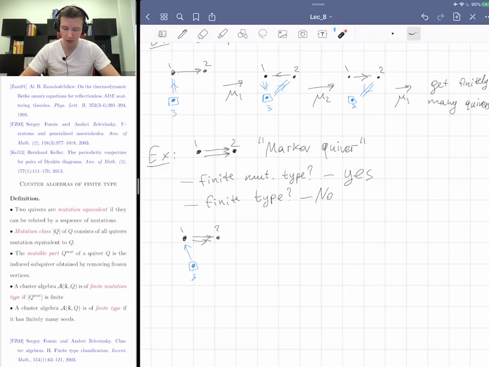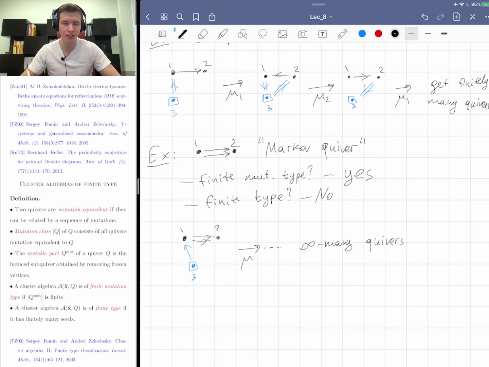And if you mutate again, you're going to get 4 arrows, which are going to cancel with the 1. Anyways, if you keep mutating, you get infinitely many quivers. Is that okay, or should I do some number of mutations to see that it gets infinite? Okay, I see thumbs up.